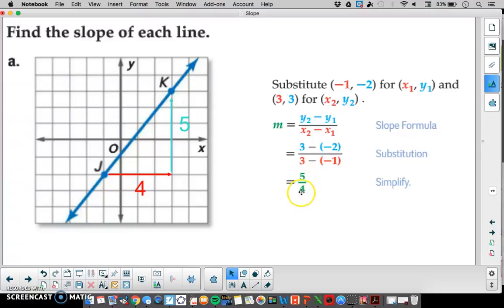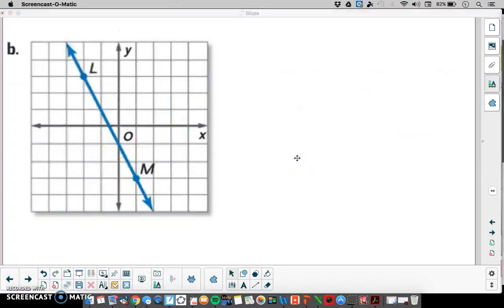And we still get 5 over 4, our rise divided by our run. So again, graphically and by the formula should give us the same answer.